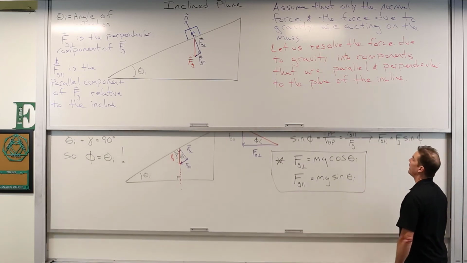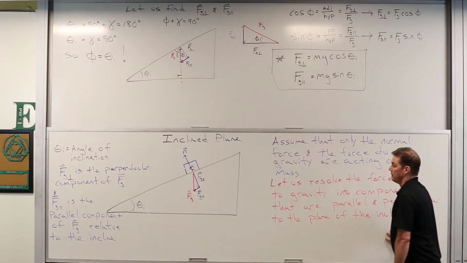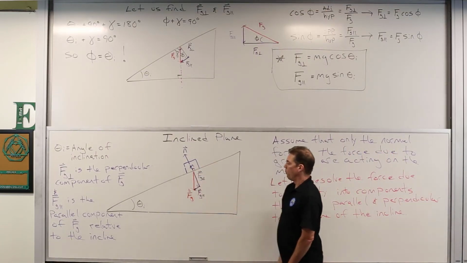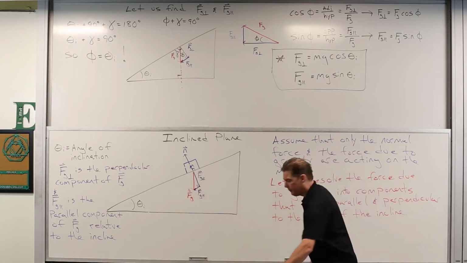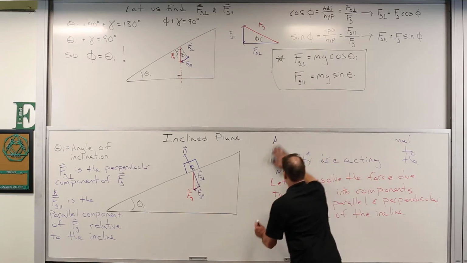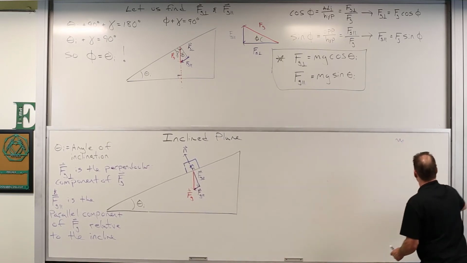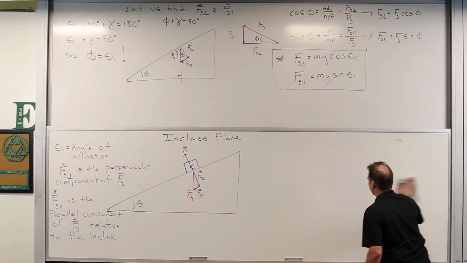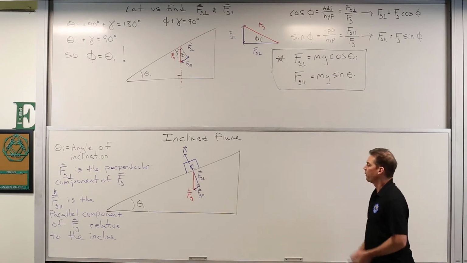All right, so let us come back and look at some other things now. Come back to this scenario where we can figure out what the parallel and perpendicular components are, but there's the normal force in there too. So, what happens if we want to know what the normal force acting on this object is? And furthermore, what kind of acceleration do we get if we let go of the object?